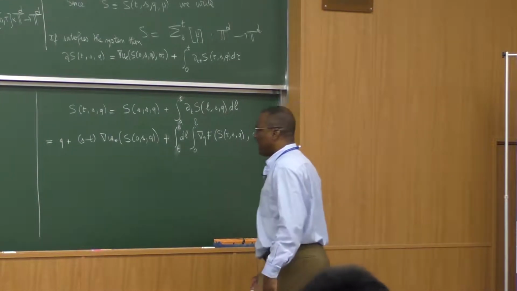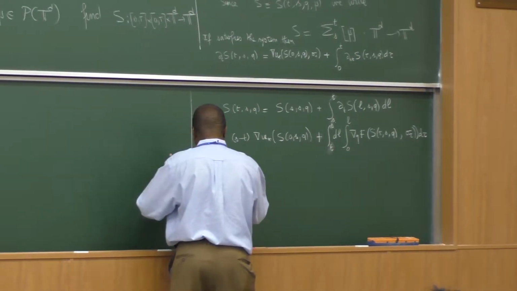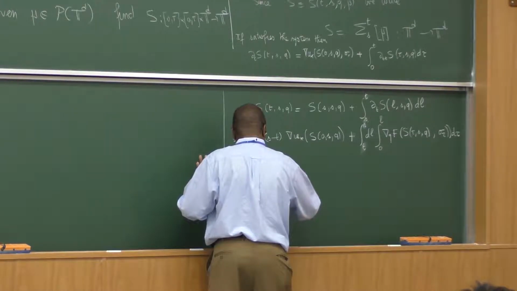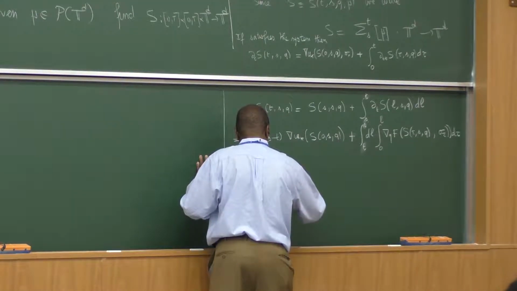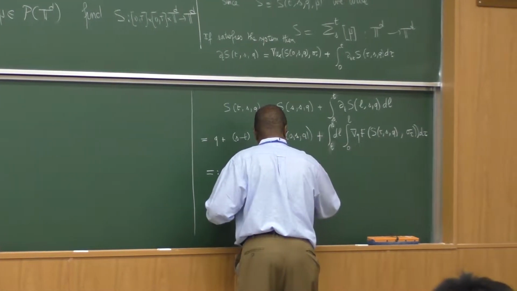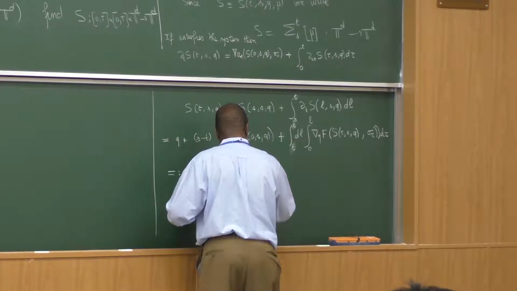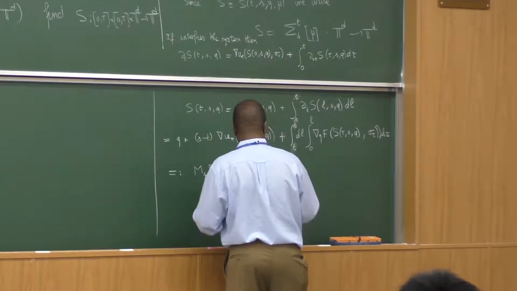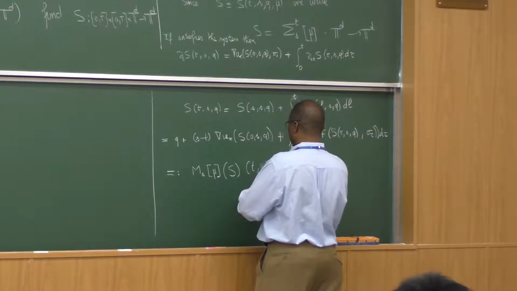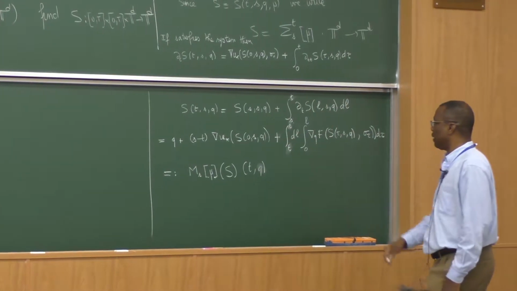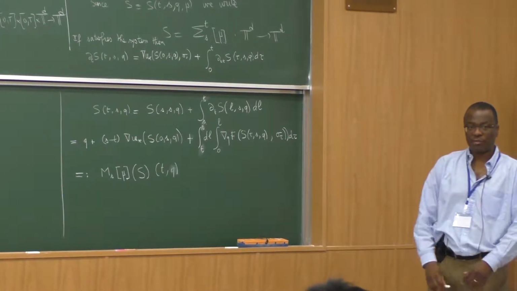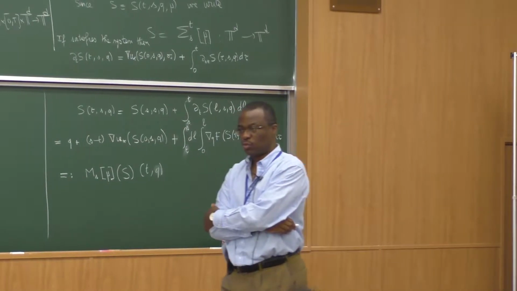Okay, so if I define an operator M, which will depend on S and mu, S, t, s, q, if I define an operator M, solving my system of equations is equivalent to finding a fixed point.